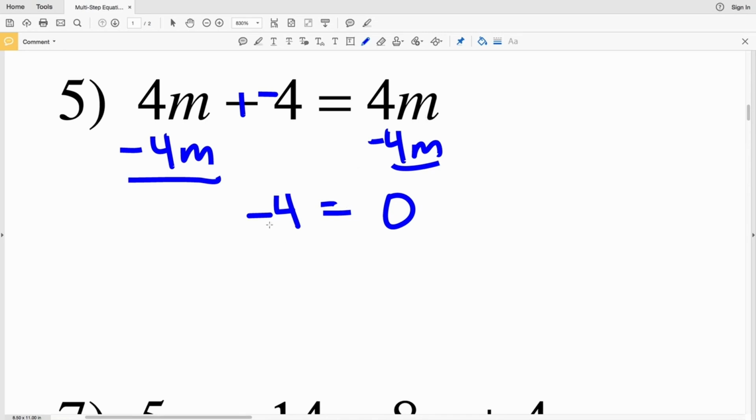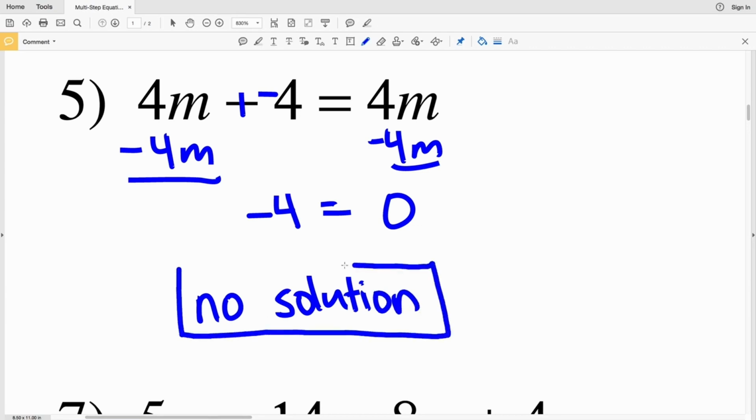But wait a second, negative 4 cannot equal 0. Therefore, there is no solution to number 5. That means there is no value we can plug in for m that will make this equation true.